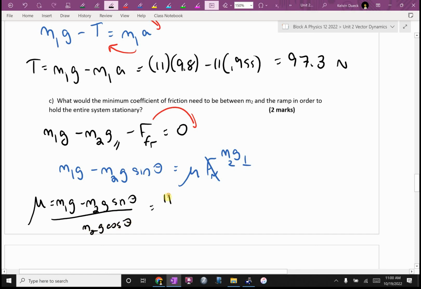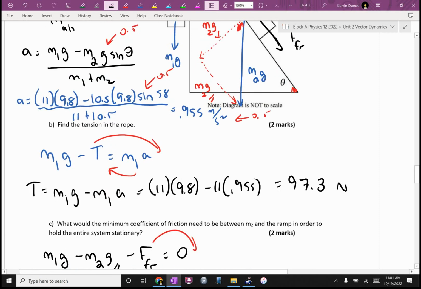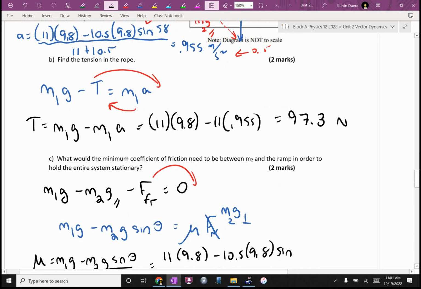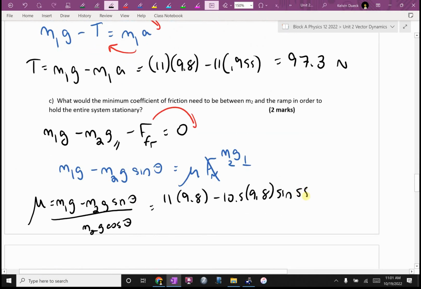It's going to be M1 11 G 9.8 minus M2 10.5 G 9.8 sine, what was the angle? 58, thank you.